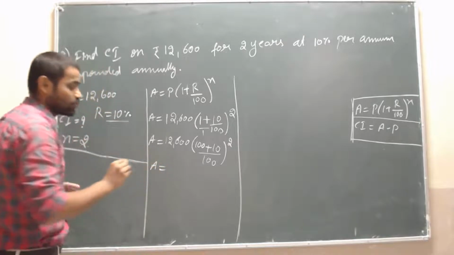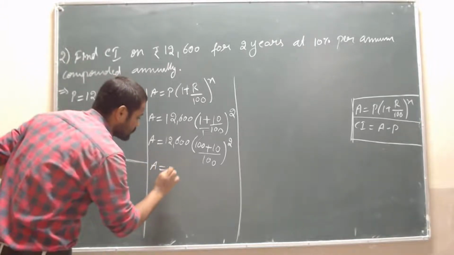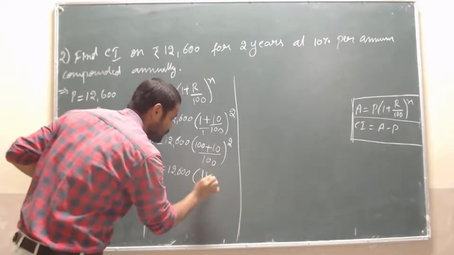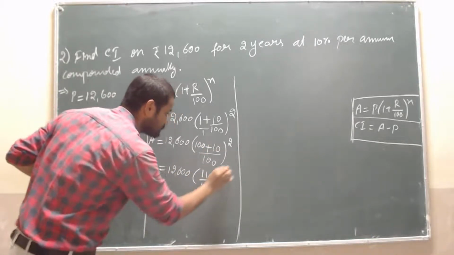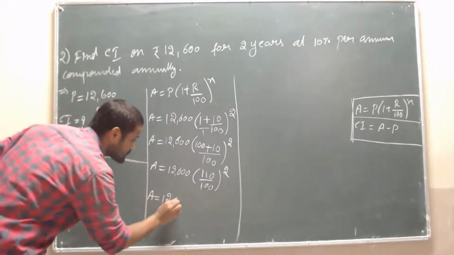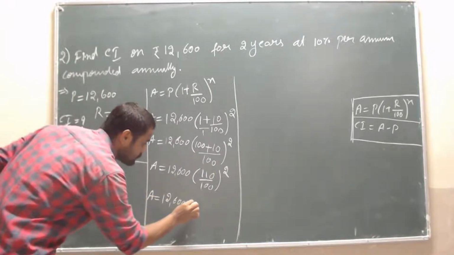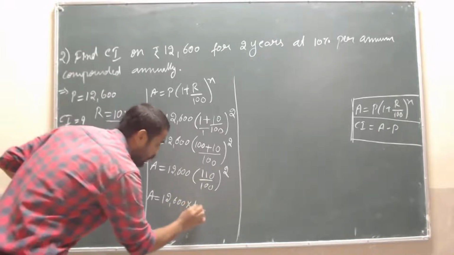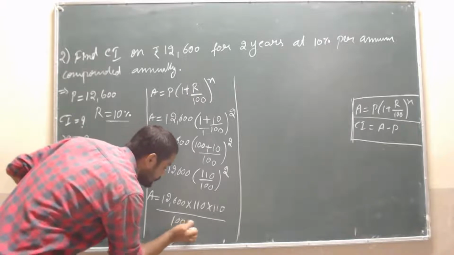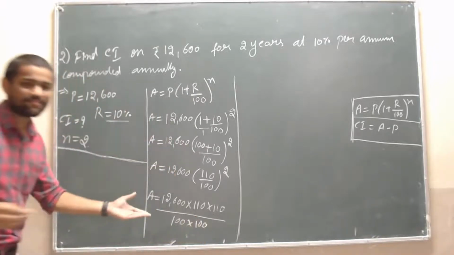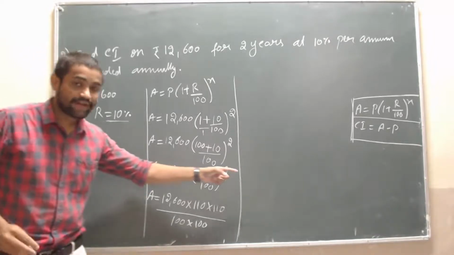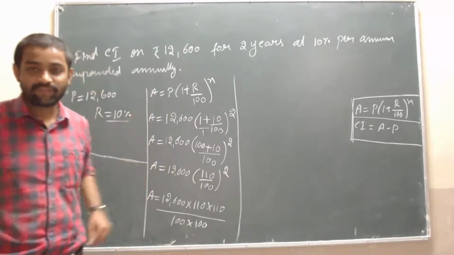And A is equal to 12,600 into 100 plus 10 is 110 divided by 100, whole square. Simple. 12,600 into 110 into 110 divided by 100 into 100. 110 square is equal to 110 into 110, isn't it?